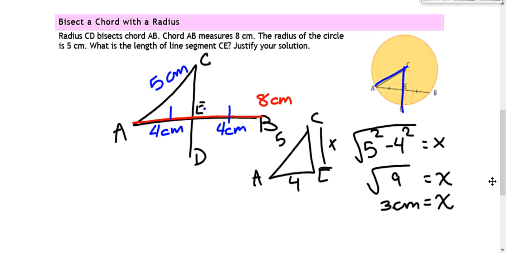So again, nothing quite new. It's just using those old bits of knowledge that we have. It's remembering that when we have a chord and a radius that bisects, we can do it this way. And it says here that the radius bisects the chord AB. I just want to remind you that it says that this is 5 centimeters, which is helpful, but there's no way for us to figure out just this from that information.